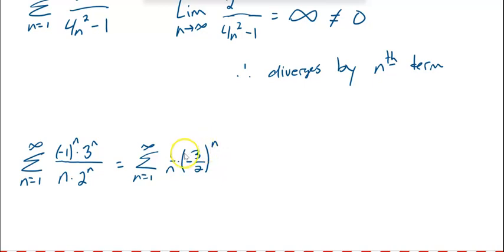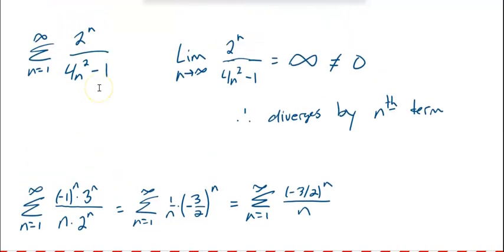That's kind of a rule from algebra. And then just have the 1 over n as its own little thing there. I could write it one more time: sigma n equals 1 to infinity of negative 3 over 2 to the n all over n.